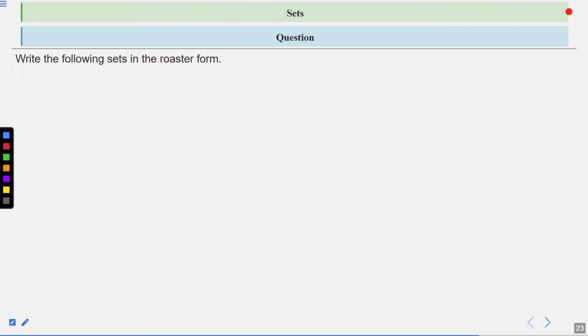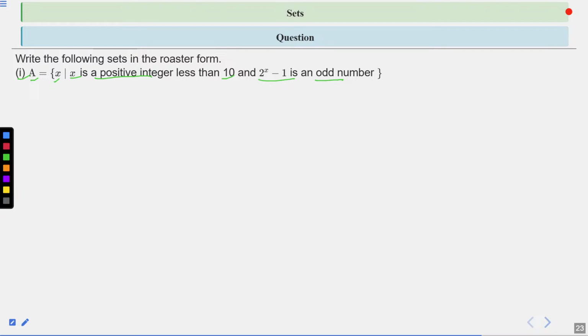Now some related questions, based on previous classes as well as this session. So please do answer this. Write down the first one in set builder form. Set A is described as the collection of all x such that x is a positive integer less than 10 and 2 raised to the power x minus 1 is an odd number.